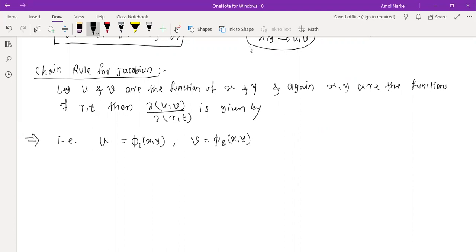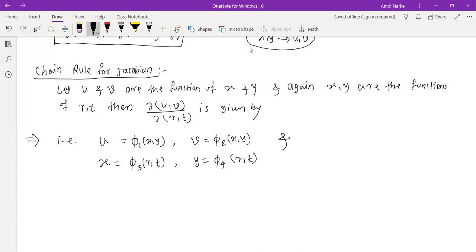That is what they have given. And also x and y are functions of r and t, so x is some phi 3 of r and t, and y is another function phi 4 of r and t.